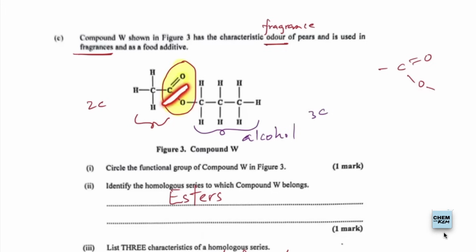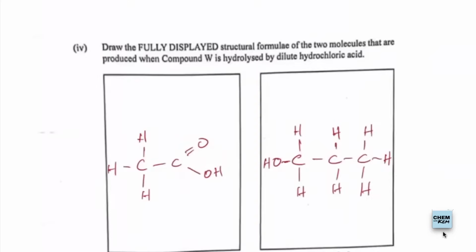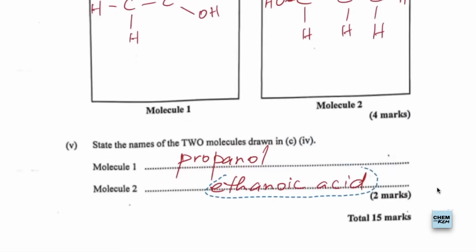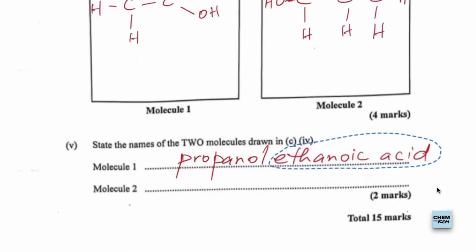And when we cut, we're going to put back OH. We're going to split water and we put OH back onto the acid portion. So we'll be putting OH right here. And then we'll be putting H back there for the alcohol. So that would give us the acid with 2 carbon atoms. That is ethanoic acid is molecule 1 and propanol is molecule 2.